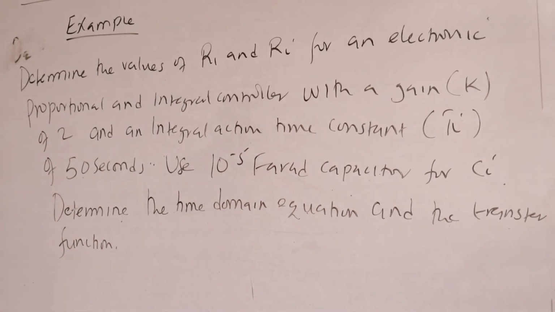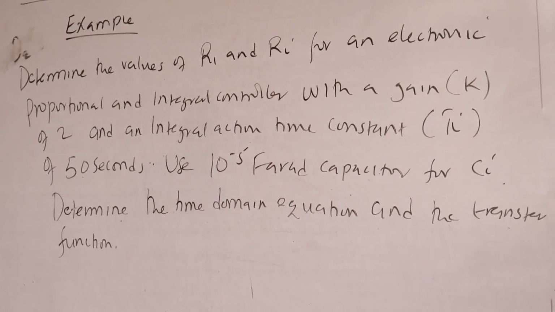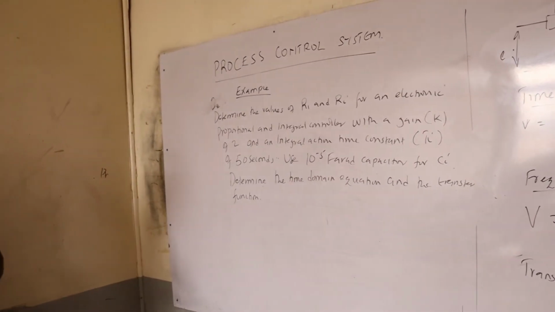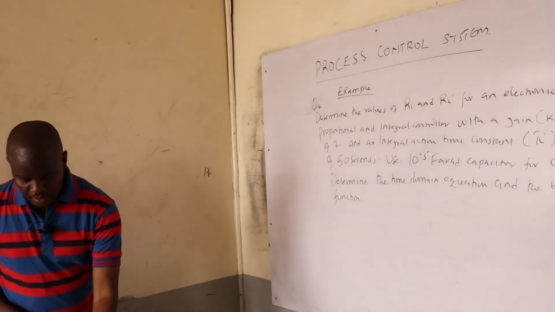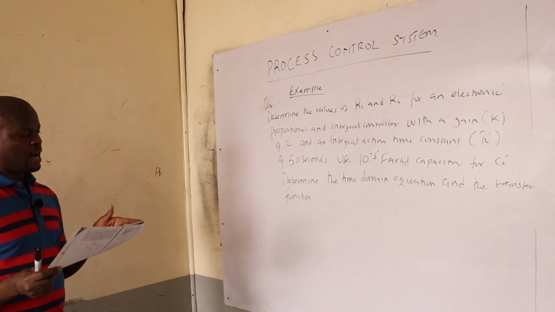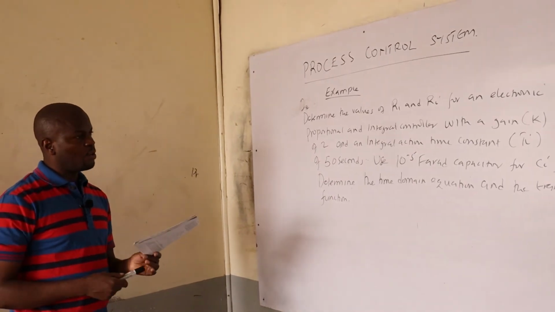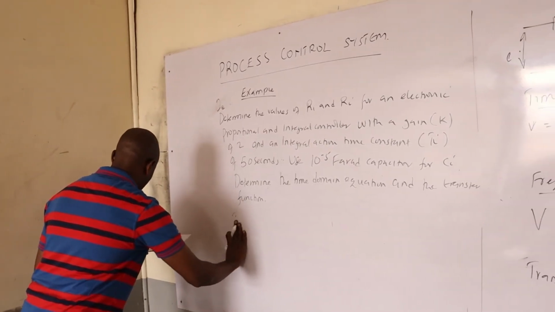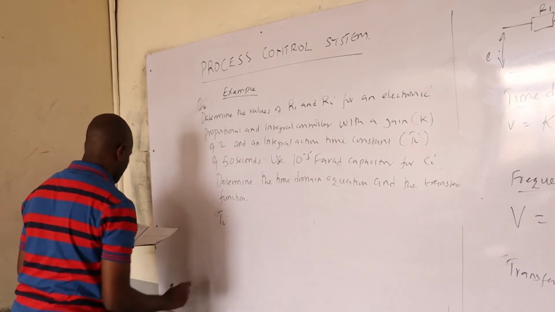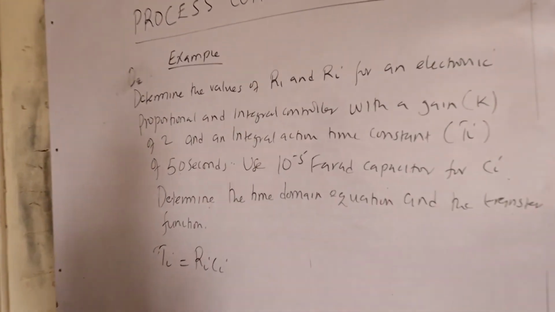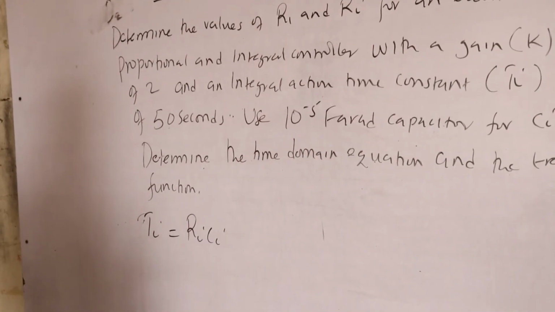So in this case, we should start by having good knowledge of the equations that we are going to use. First, we look at the values of both Ri and R1, starting from the equation for Ti. Ti is given by Ri Ci. We don't know what Ri is, but we are given Ti as 50 seconds.